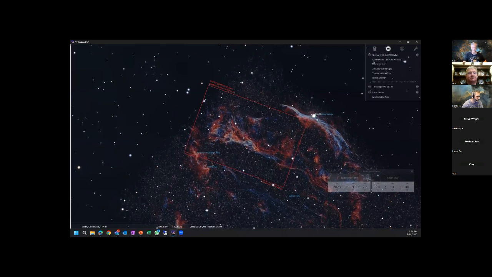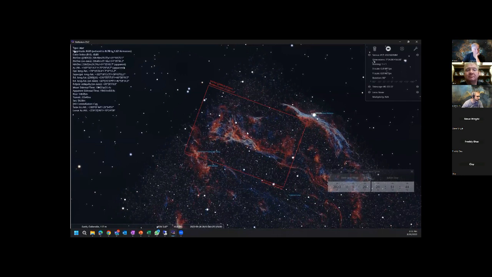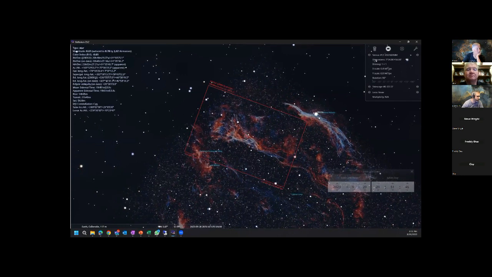So what do we want to call it out, and it'll be recorded? Stellarium may not let me select the open space, but let's see, right here is what I do.